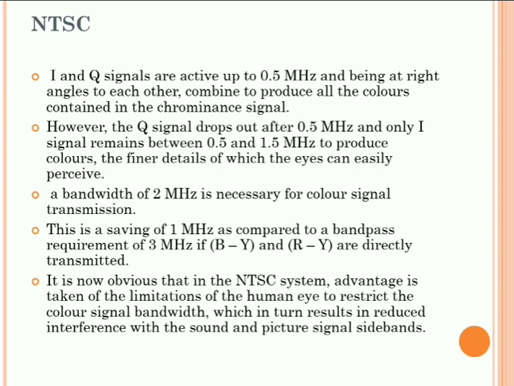This is a saving of 1 megahertz as compared to the bandwidth requirement of 3 megahertz if B minus Y and R minus Y are directly transmitted. We are using here only 2 megahertz as compared to 3 megahertz for transmitting the bandpass signals B minus Y and R minus Y. That's why we are saving 1 megahertz of frequency.